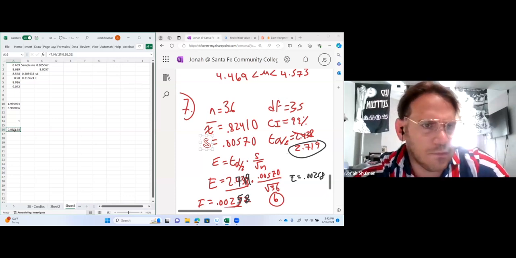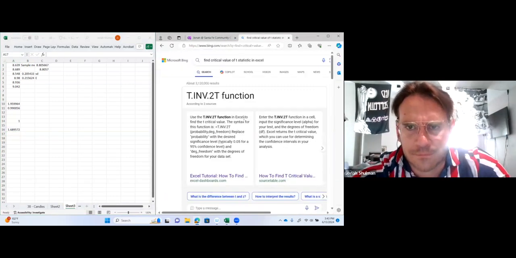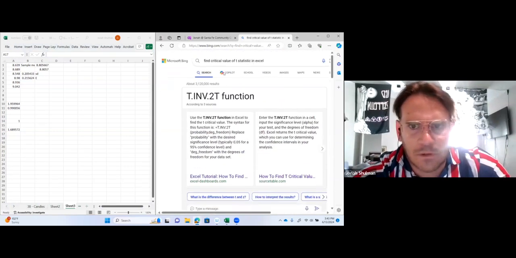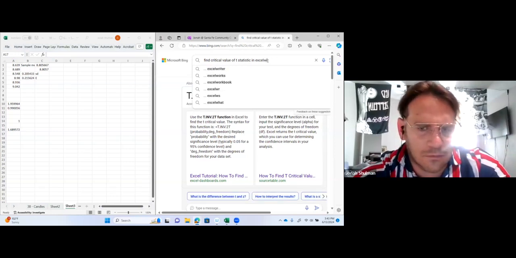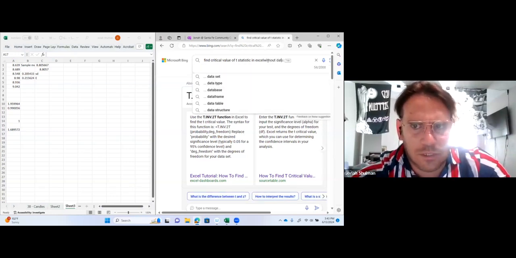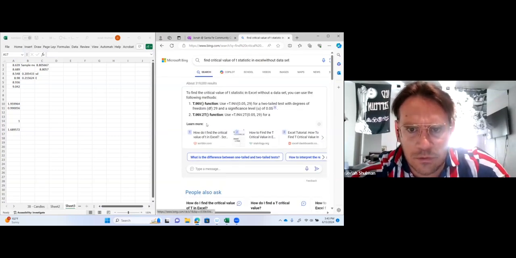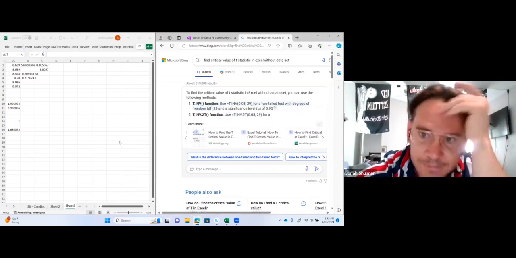Degrees of freedom. Yeah, okay. Find critical value of T statistic in Excel. Oh, it's the other way.